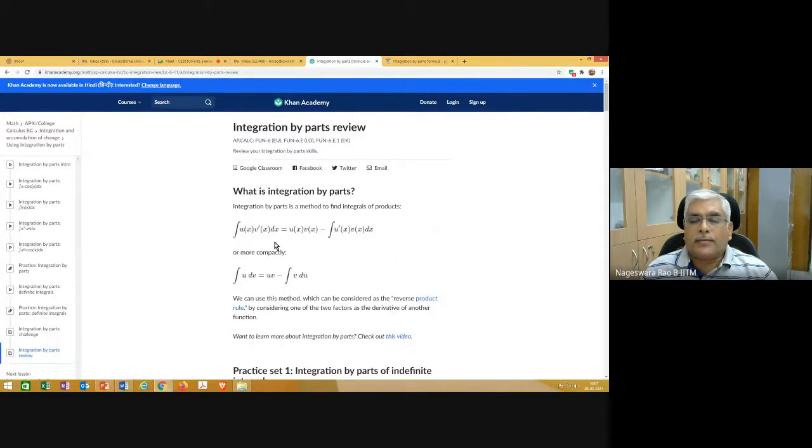The same equation can be compactly written as given in the second one. This I'm taking from some online resources that are available. So take a note of this equation and this equation.